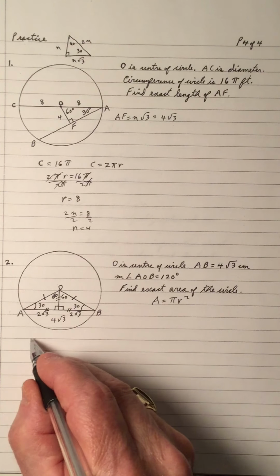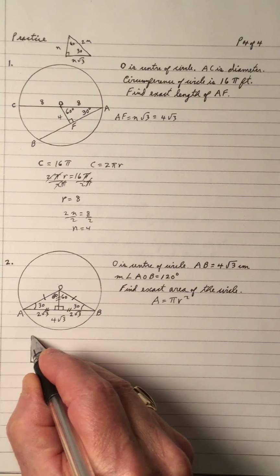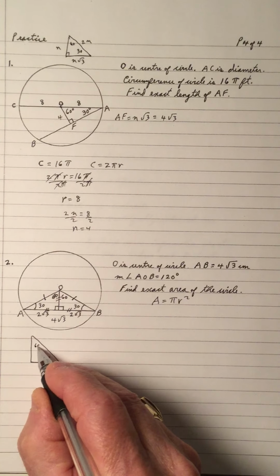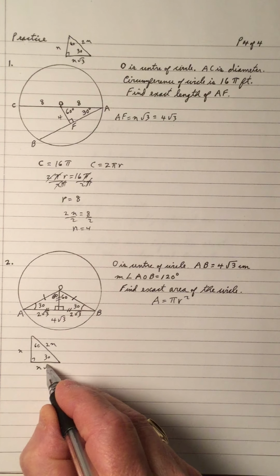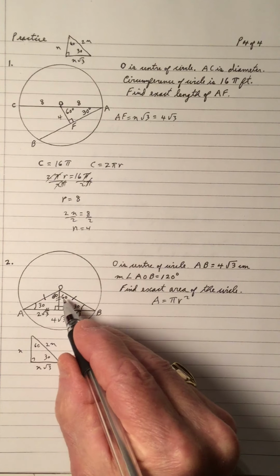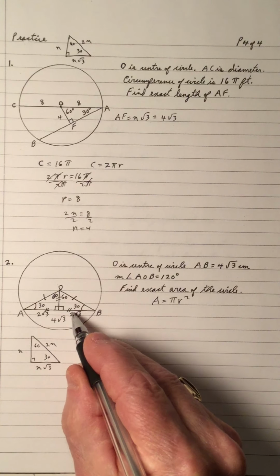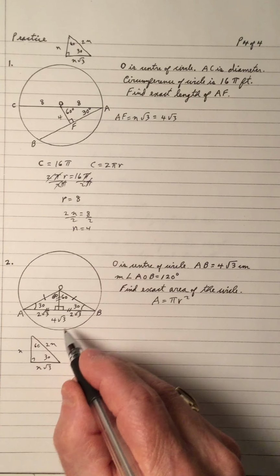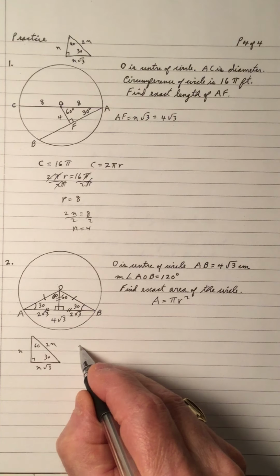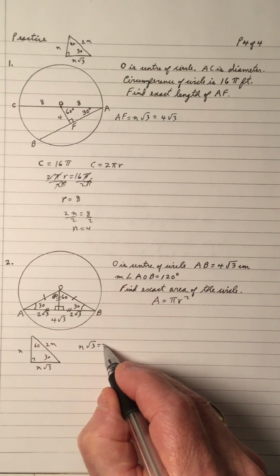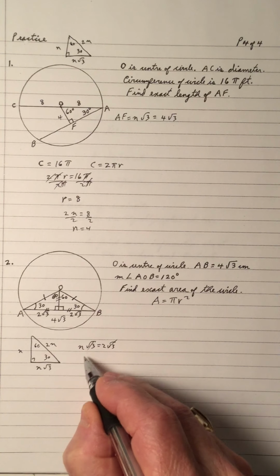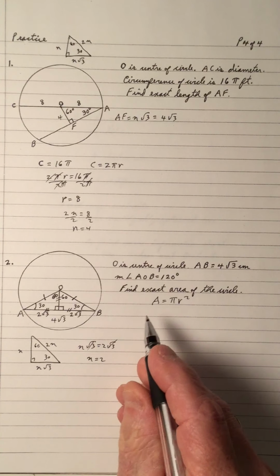And in this triangle, again, watch. Make sure this is n, that's 2n, that's n root 3. So this side, 60, is opposite of this side. So 60 is n root 3. So n root 3 must be 2 root 3. The root 3's cancel, so n is 2.